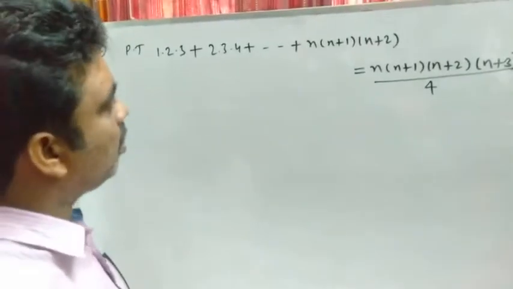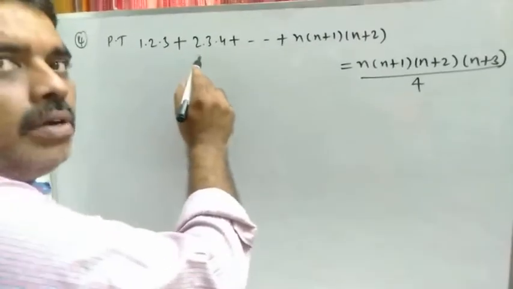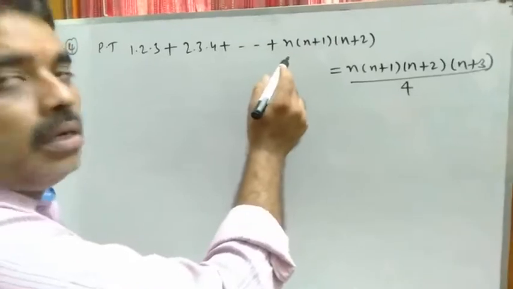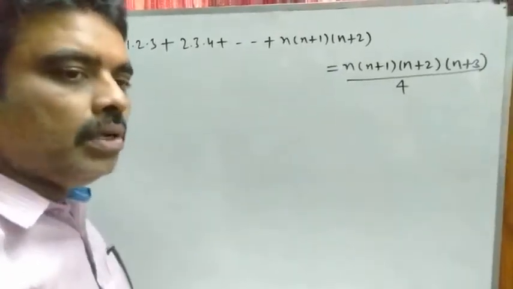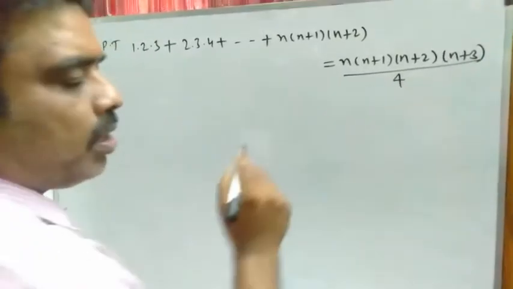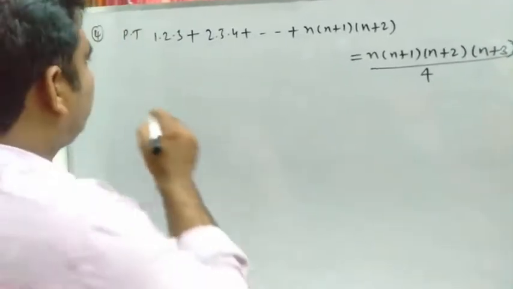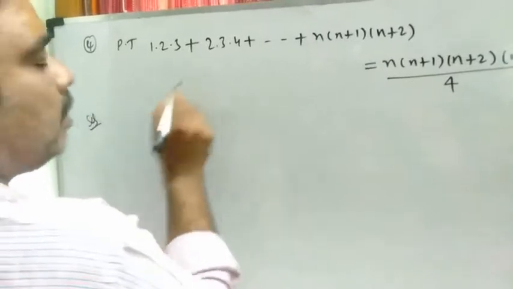Problem number 4. Prove that 1 into 2 into 3 plus 2 into 3 into 4 plus so on, plus n into n plus 1 into n plus 2 is equal to n into n plus 1 into n plus 2 into n plus 3 by 4 by principle of mathematical induction. So same theory, solution.